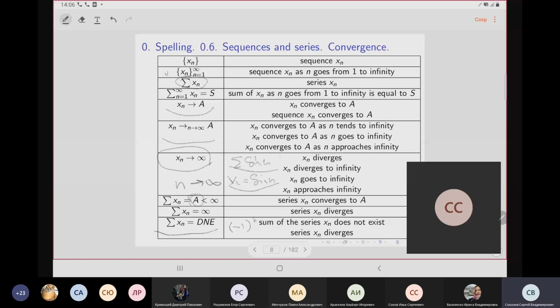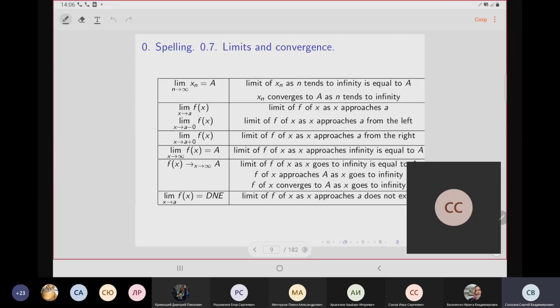I think we have to use the definition of the limit, and we can see that the elements of this sum are not decreasing, so it doesn't exist.